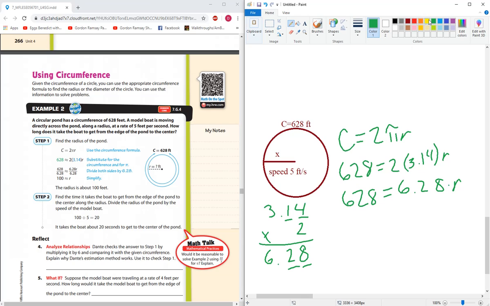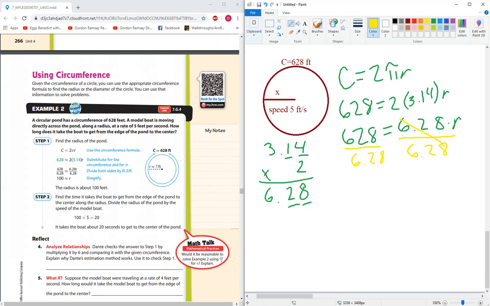So now I divide both sides by 6.28 because I want to move things away from my variable. These cancel, and now I have 628 divided by 6.28. Let's take a look at what that looks like.